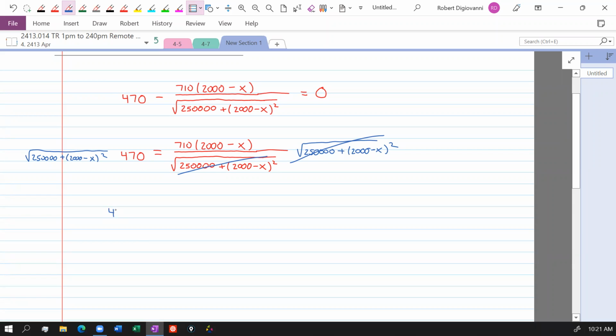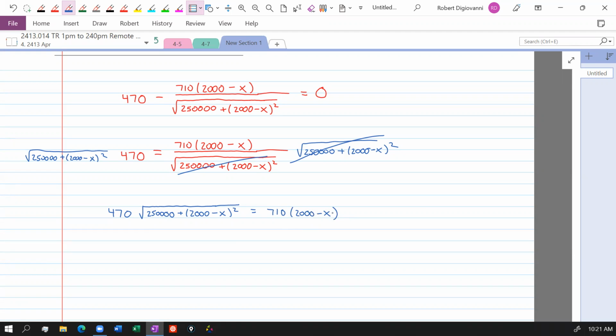So I have 470 times the square root of this thing, equals the right-hand side, which is just 710, and then times 2000 minus X. Okay, so this is now a radical equation. So I need to get rid of that radical. So I'm going to square both sides of the equation.